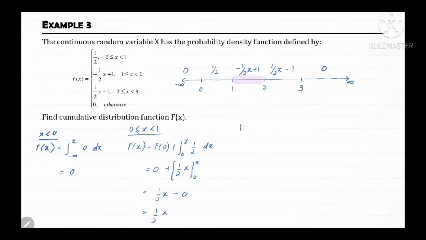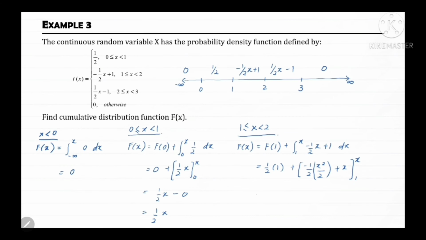And the next interval is from 1 to less than 2. So the function equals the cumulative from the last interval up to 1 plus 1 to x of negative 1 over 2 x plus 1 dx. So F(1), substitute into 1 over 2 x, is 1 over 2 times 1, plus integrate: negative 1 over 2 times x squared over 2 plus x from 1 to x.